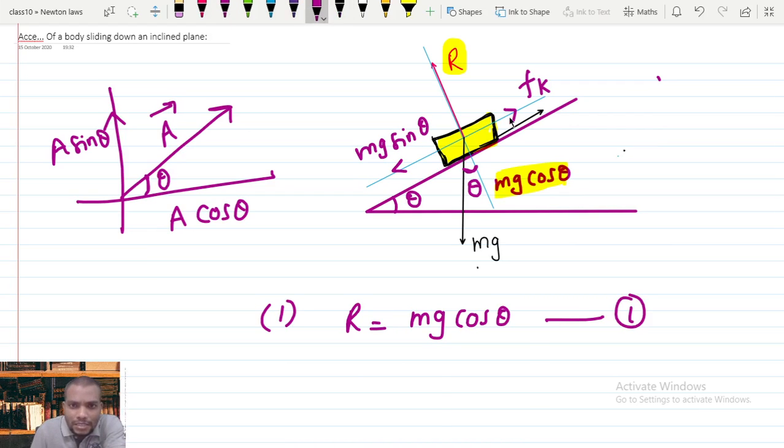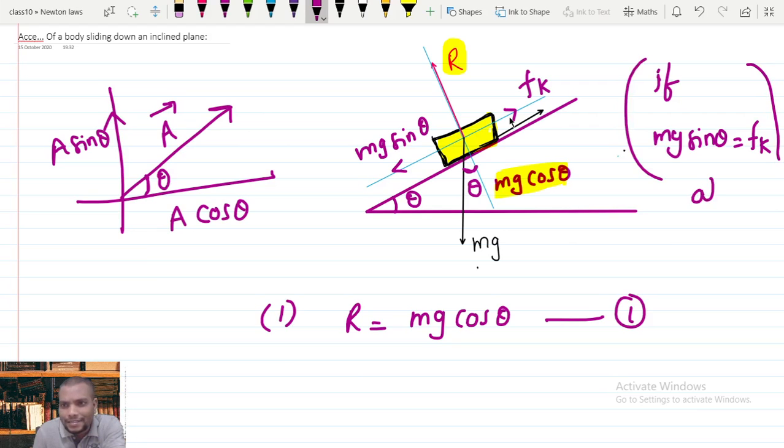But when mg sin theta equals f of k, if these two forces are equal, then the block will be at rest. The block will not move, because all the forces are balancing, so there is no forward acceleration.